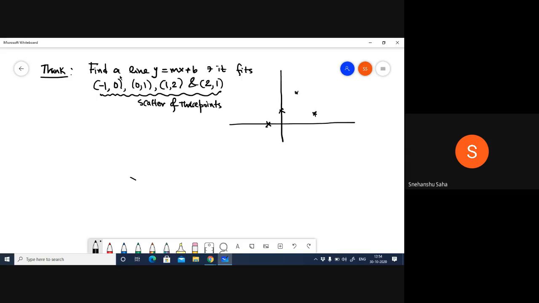You cannot ever find a line which will go through all of these points, because then it would be a perfect fit. However, if you do a polynomial regression or polynomial fit, you can actually draw up something like this. Then it's a perfect fit.